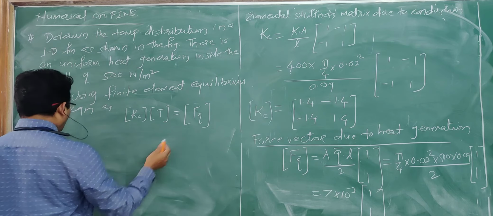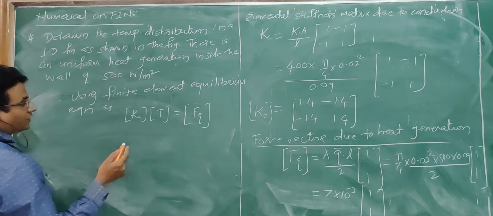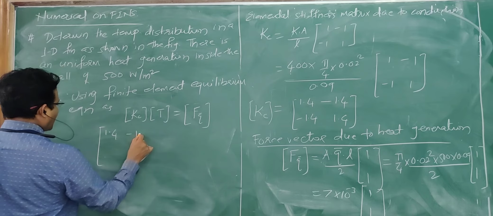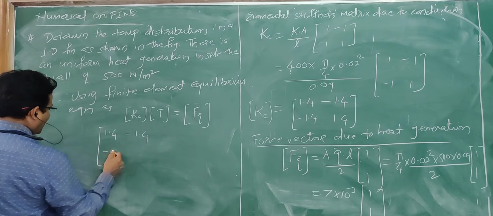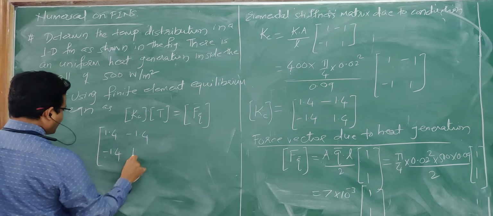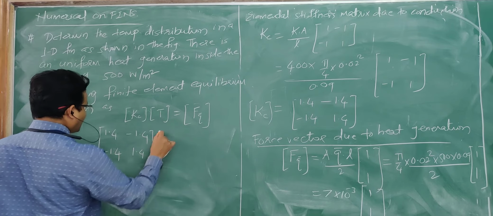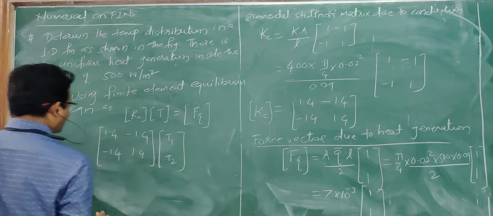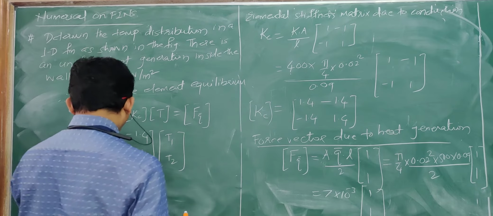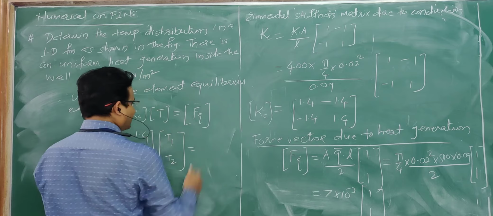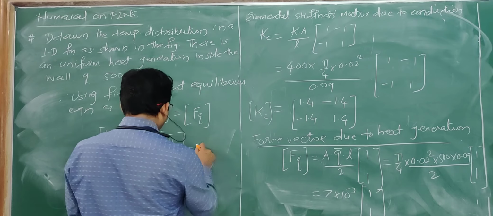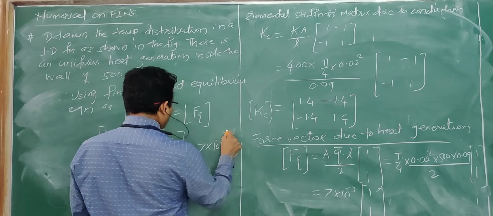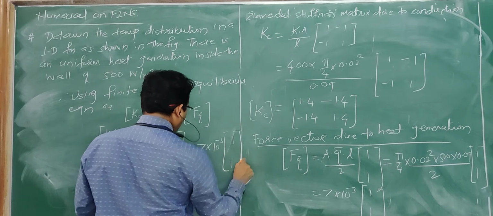So I'll just substitute the values. K we have already calculated as [1.4, -1.4; -1.4, 1.4], times T1 and T2, because there are two nodes so there are two temperatures, and the load will be 7 into 10 raised to minus 3 times [1; 1].